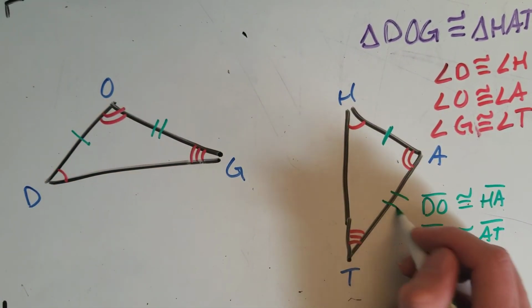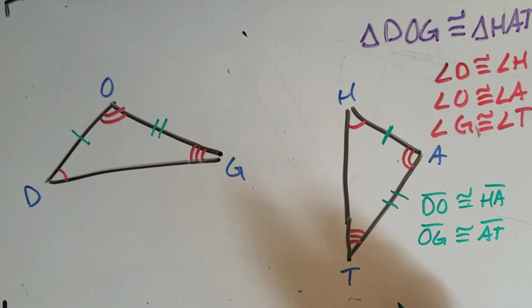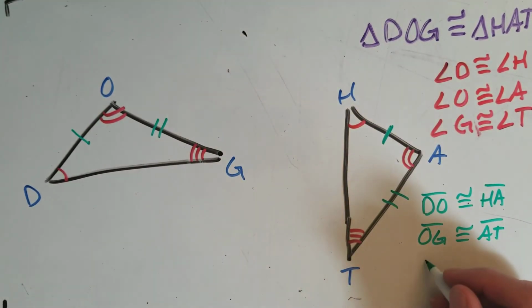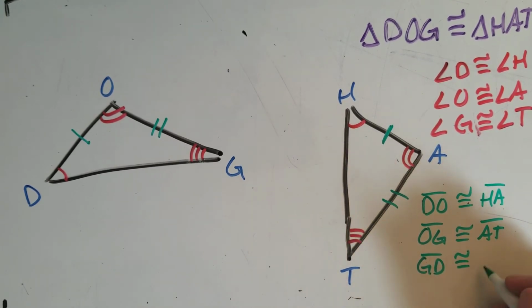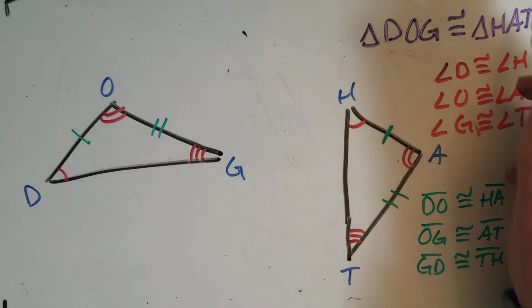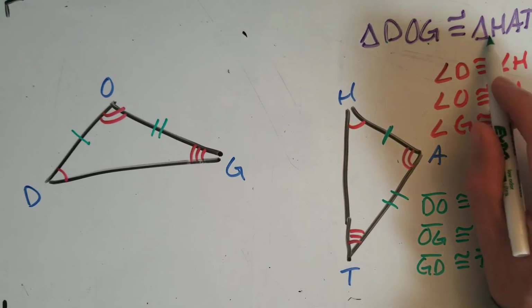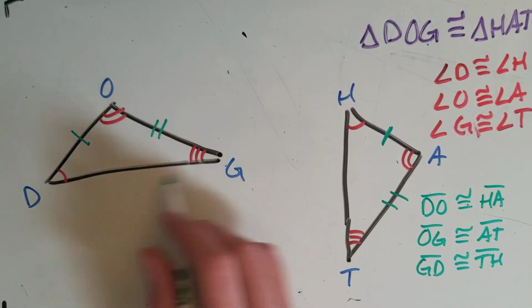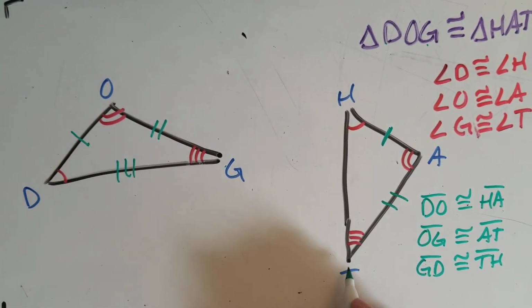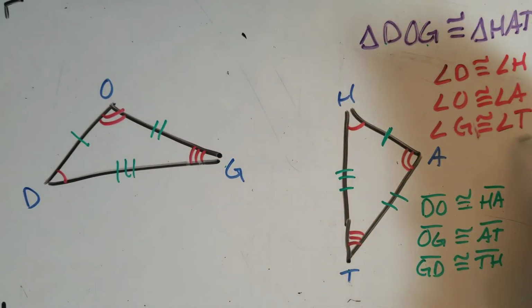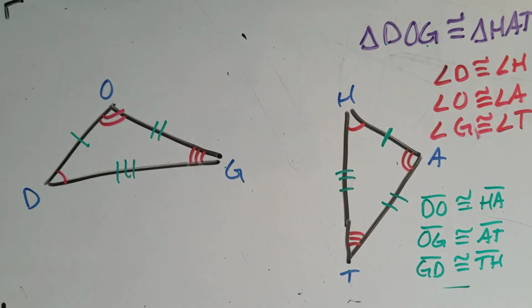We'll go with AT. I'll put 2 markings. And then lastly, we have GD, and that will be congruent with TH. Following our statement, GD would be TH. So GD, down here on the bottom, we get 3. TH, we get 3. So here's your congruent statements, and these are the correct markings for your 2 triangles.